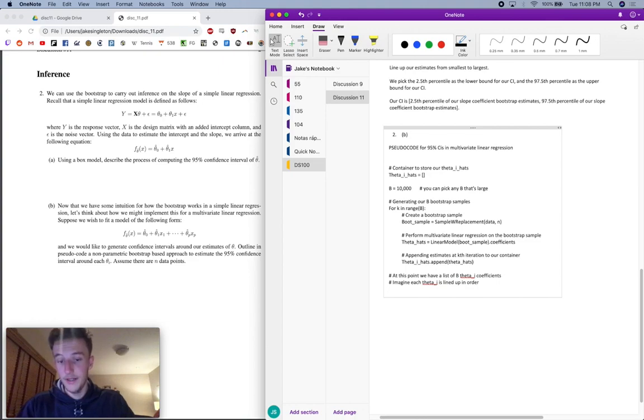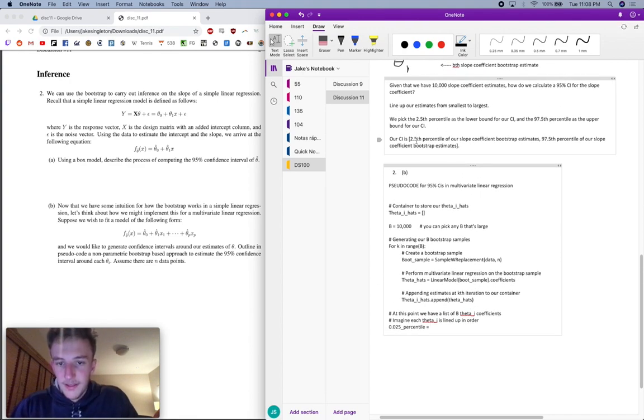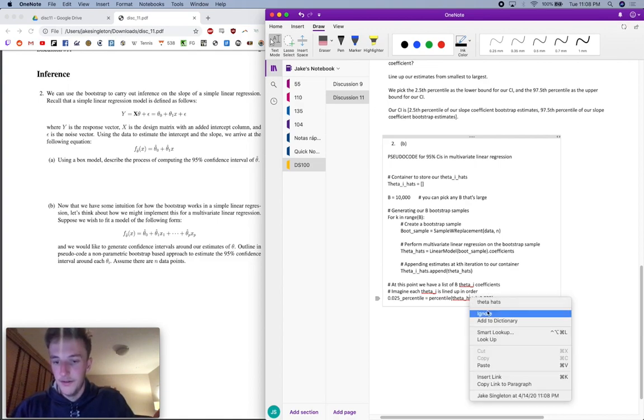But all we need to do here is the percentile, remember, we need the 2.5th percentile, however you want to say it. So we'll make a variable that is our percentile from our theta hats, and this will get us the 2.5th percentile here.